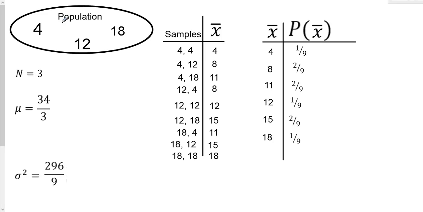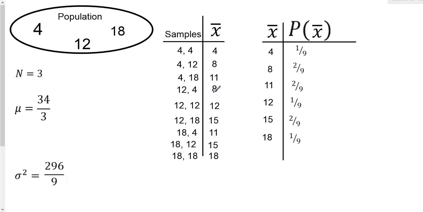Then I move on. What I'm going to do now is create a probability distribution for my sample means. You see here I have 6 possible sample means. I could get a sample mean of 4, a sample mean of 8, which occurs twice, a sample mean of 11, which occurs twice, a sample mean of 12, a sample mean of 15, which also occurs twice, or a sample mean of 18.